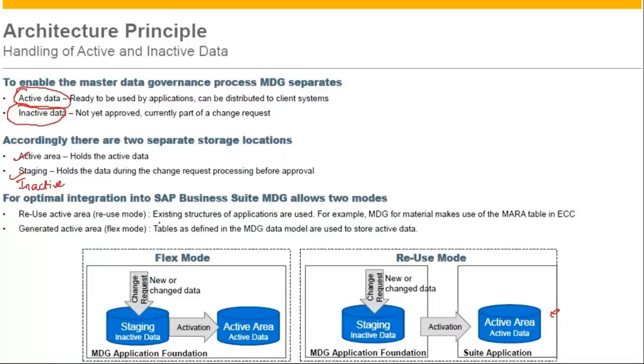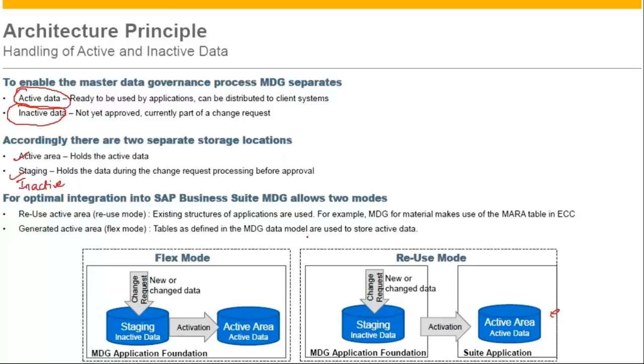For example, MDG for material makes use of the MARA table in ECC to store the approved record, and BUT000 for business partner records. For flex mode, tables defined in the MDG data model are used to store the active data. That means the generated staging area will itself store the active data.